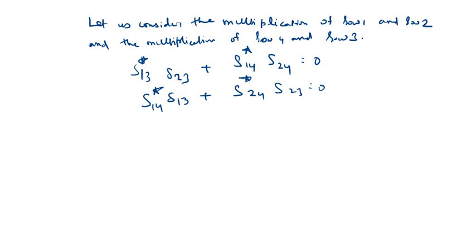So this is equation number 1 and this is equation number 2. Now multiplying equation number 1 by S24 conjugate and equation number 2 by S13 conjugate, and let us subtract, what will we get? So let us multiply.